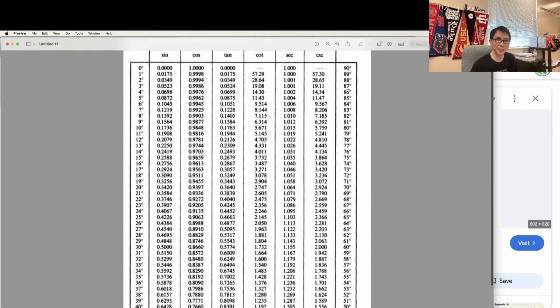Sine of 70 degrees? I can't see that. Yeah, sine of 70 degrees. 0.342 is wrong.